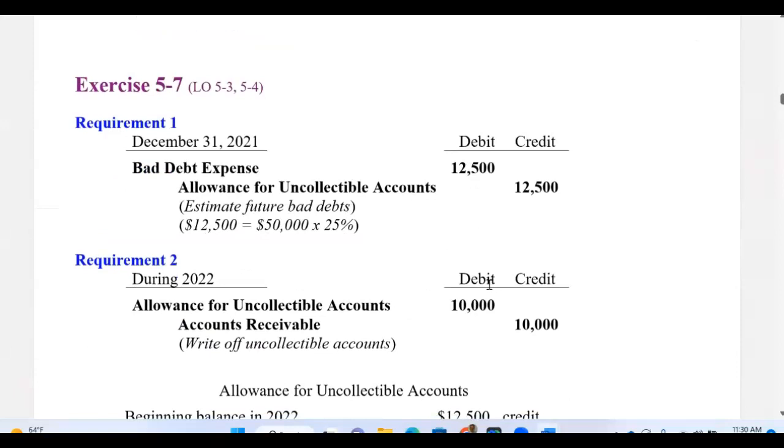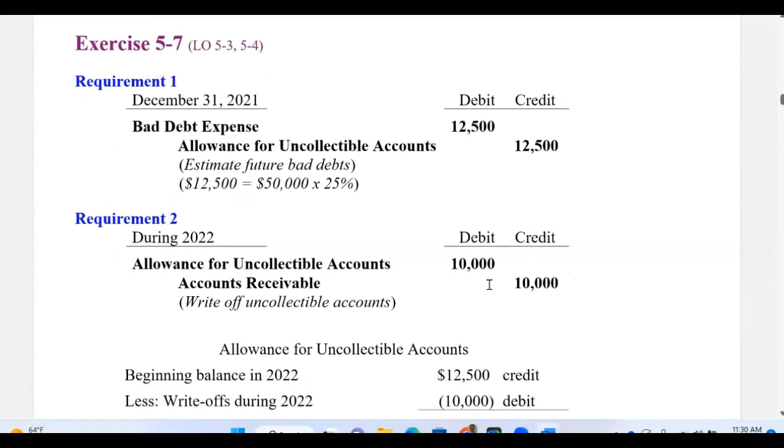So 25% of $50,000, that's $12,500. And that's what you estimate might not be collectible. You don't know for sure, but you estimate it.